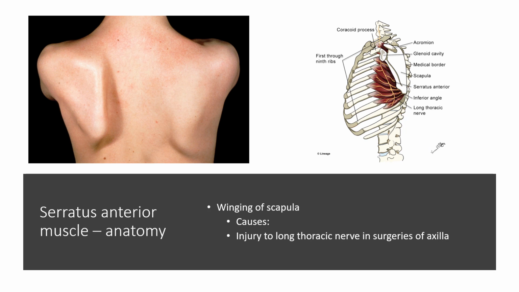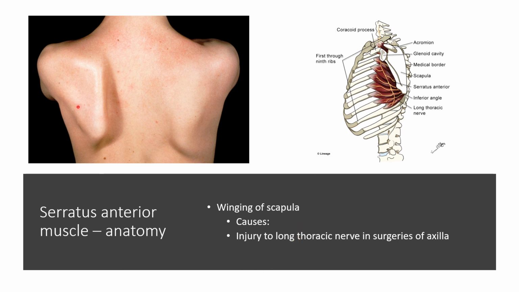Regarding the clinical importance of the serratus anterior muscle and the long thoracic nerve of Bell that supplies it, you can see the muscle and the nerve in this picture. If there is injury to this nerve, as it passes through the scalene muscles, it can get compressed and result in paralysis of the serratus anterior muscle which it supplies.